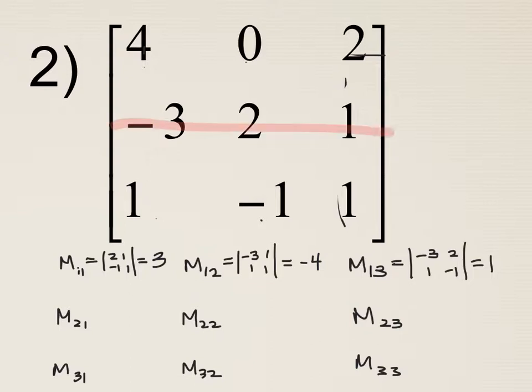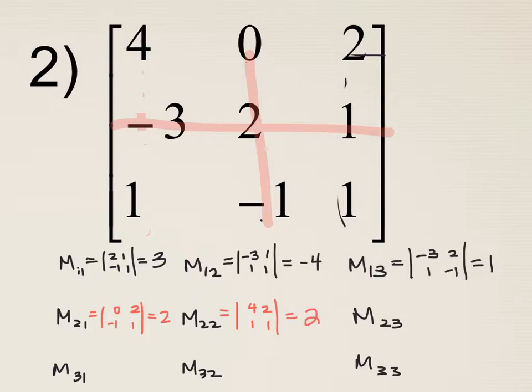Then I repeat that whole process for row 2. So I cancel through row 2. First one is column 1, and I'm finding the determinant of 0, 2, negative 1, 1, which is 0 minus a negative 2, or 2. Then it's row 2, column 2, which leaves you with 4, 2, 1, 1. 4 minus 2, which is 2.